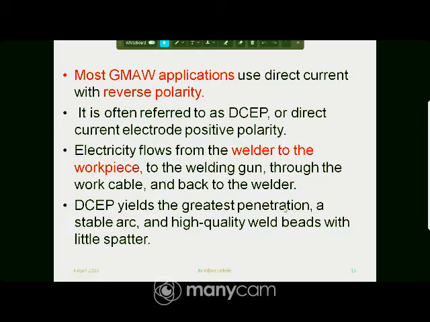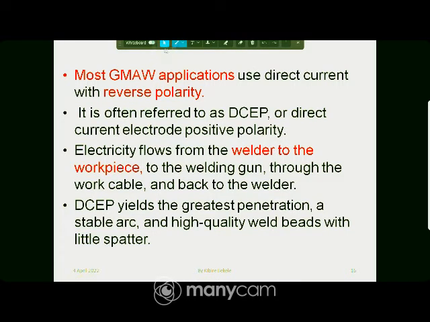It also generates a stable arc and high quality weld beads with little spatter. Gas metal arc welding produces little spatter on the surface of the base metal during the welding process, and it also has high welding quality.